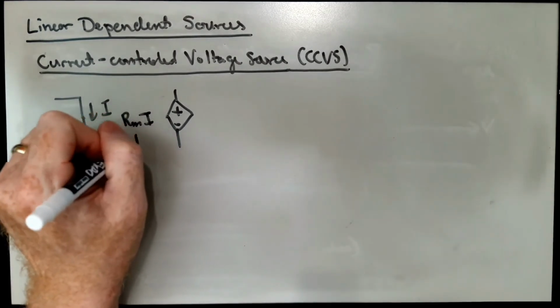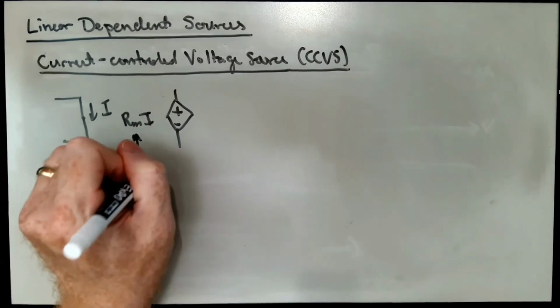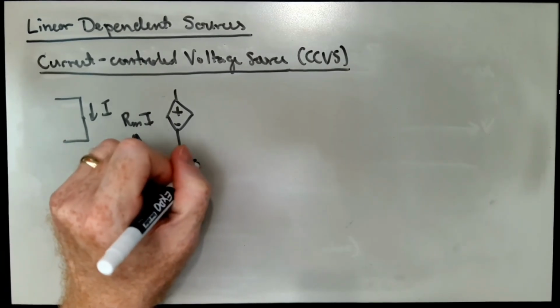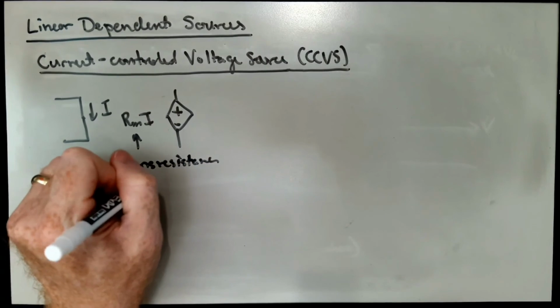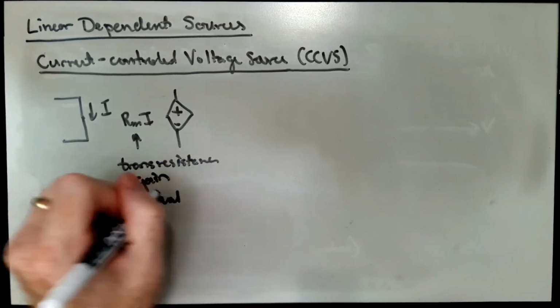Here R_m is the transresistance gain, also called mutual resistance.